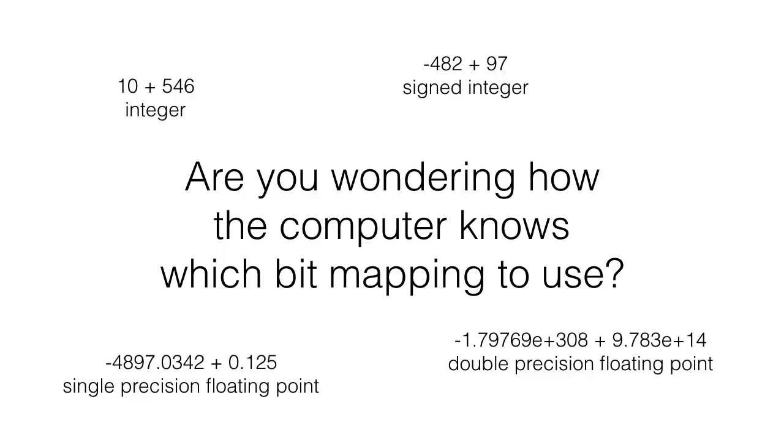I just wanted to be clear because I know you might be sitting there right now wondering, well, I've got all these representations. Which one does the computer know how to use? It's because you're telling it. Therefore, when you're working in a numbering system, in the data representation, you notice that there are different types of representation available to you, and each has X number of bits, a different size of memory available to it.